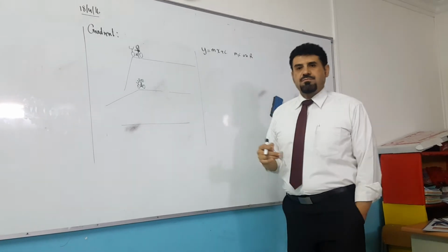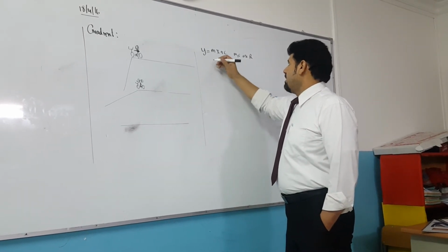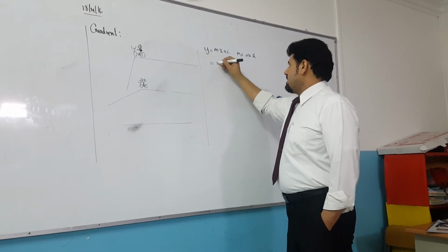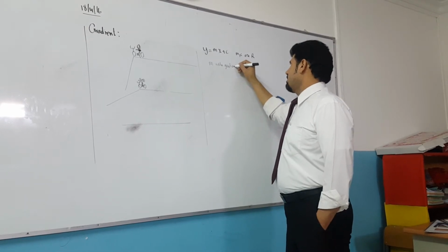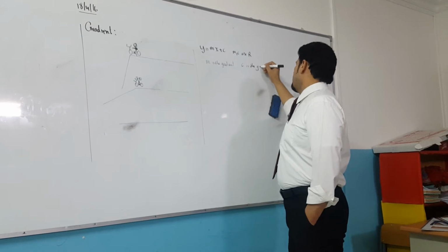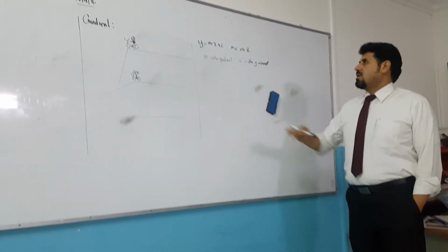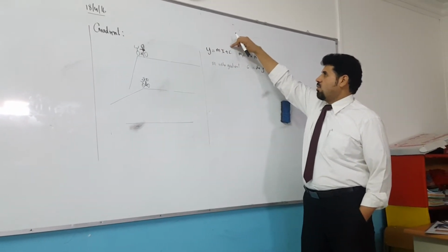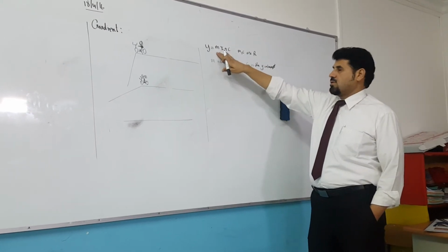It could be anything. So m is the gradient and c is the y-intercept. I'll talk about the y-intercept later, but now we'll talk about only gradient.